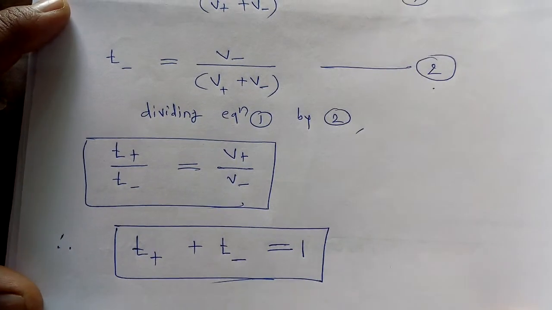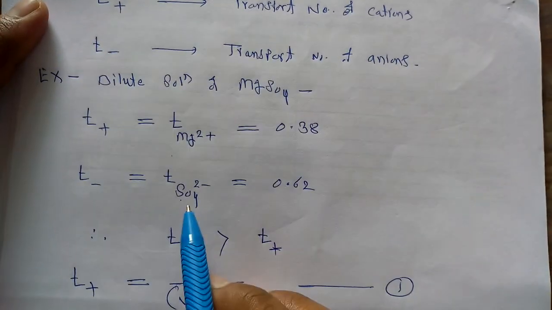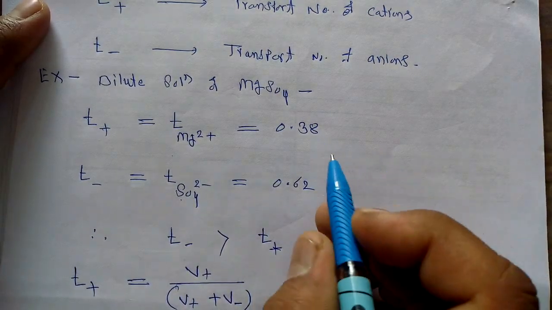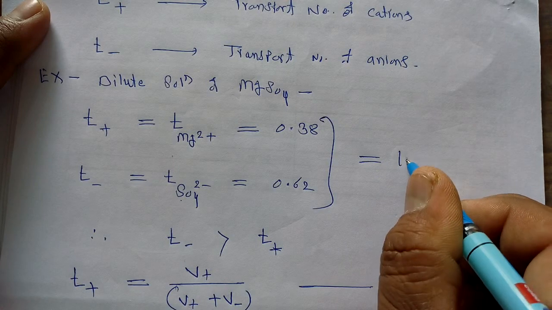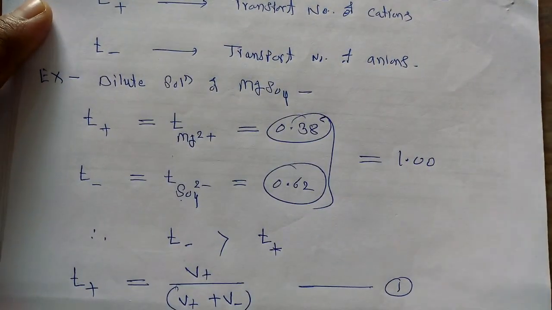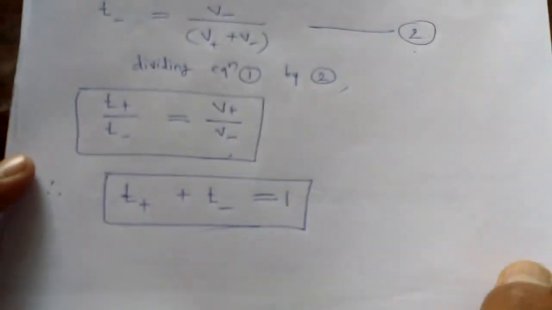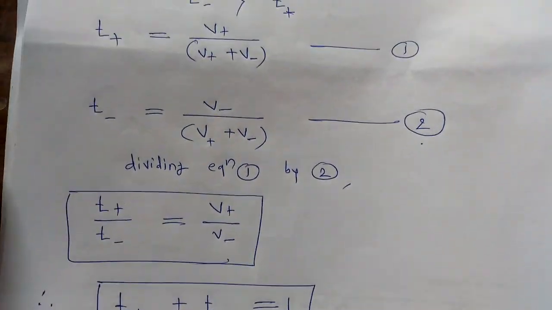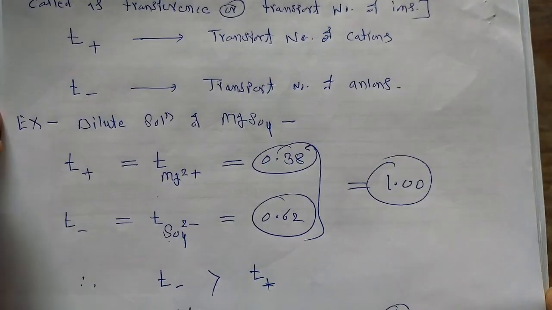For example, in this case we consider the transport number of magnesium and the transport number of sulfate ion. If we take their summation, it comes out to be equal to 1. So the summation of the transport numbers of cations and anions is equal to unity. This is the second important point for the electrolytic solution, called the transport number of the ions.